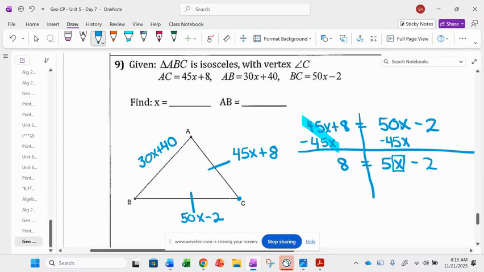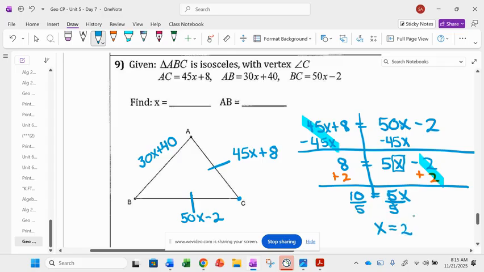And because I'm now solving for x, I'm not going to bring the 8 over, right? I'm not trying to bring more things over to x. I'm trying to bring things away from x. So I'm going to add 2 on both sides. So then we have 5x is equal to 10. And then we divide by 5, and we get x is equal to 2.